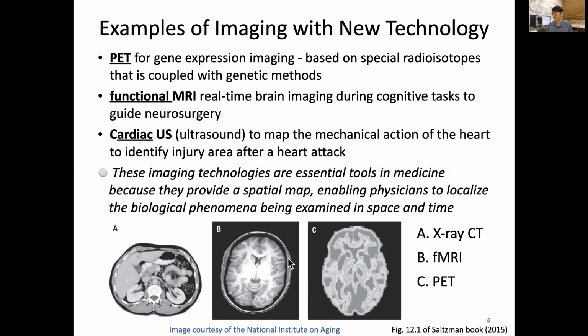The second one is black and white, but it is an example of fMRI. Based on this, you can find a location that is lighting up for localized neural activity. And the third has a poorer spatial resolution. However, it provides the metabolic activity of the brain, which is done by PET, positron emission tomography.